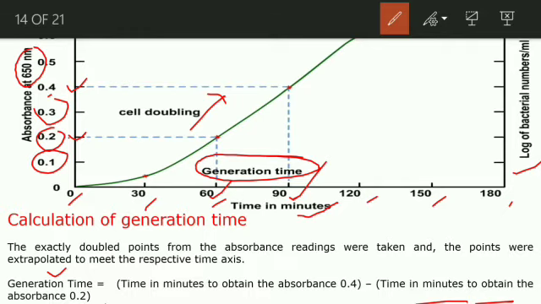And let us move on to another important aspect, that is bacterial kinetics. In bacterial kinetics, for example, you inoculate the bacteria in a fresh medium, and then what is the number of bacteria?